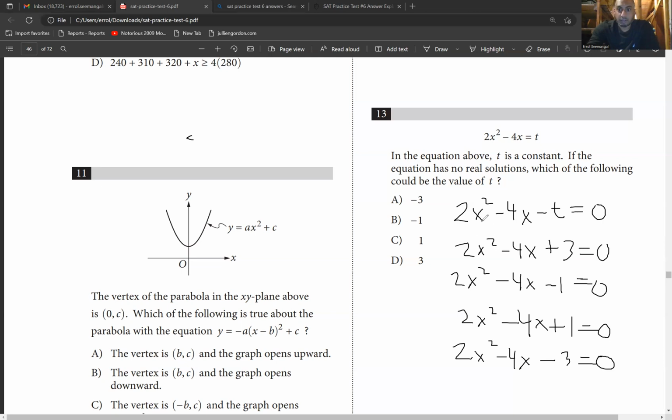So what are two numbers that multiply, okay, so for this first case, do we have two numbers that multiply to 6 and add to -4? Is there such a number? What are multiples of 6? 1 and 6, 3 and 2.